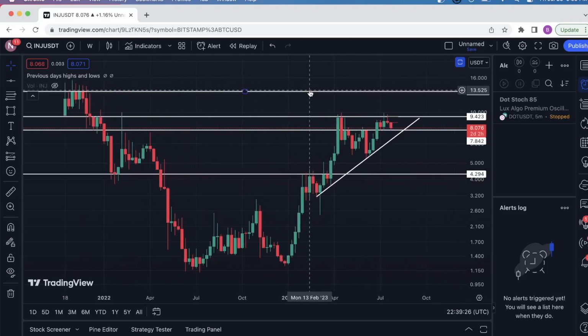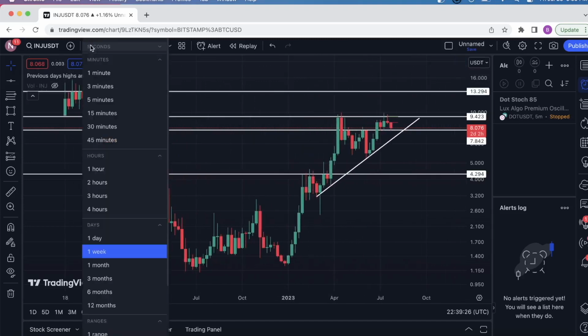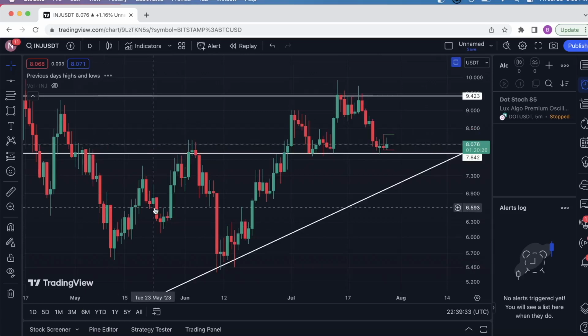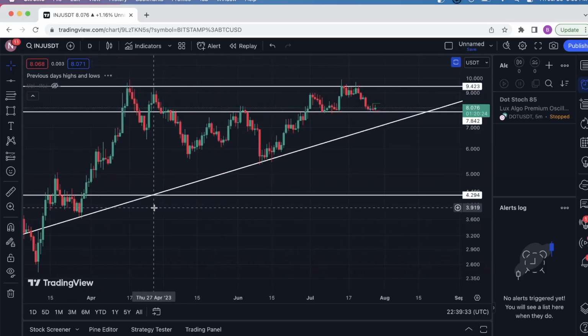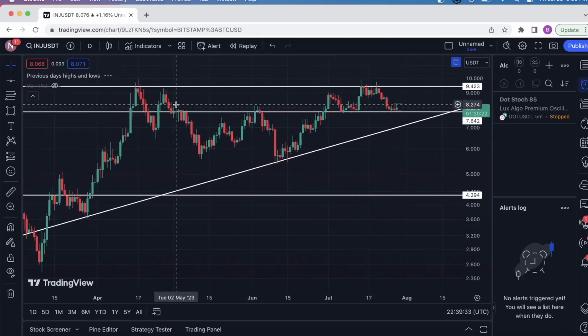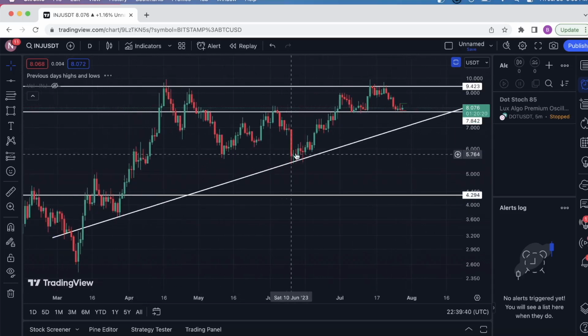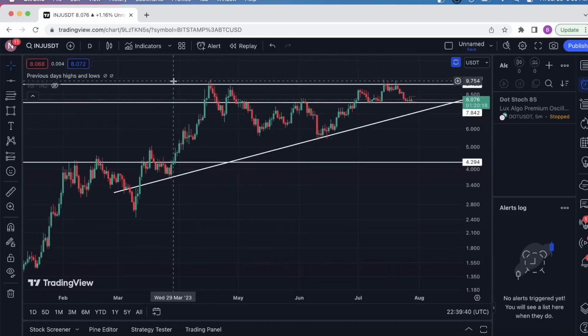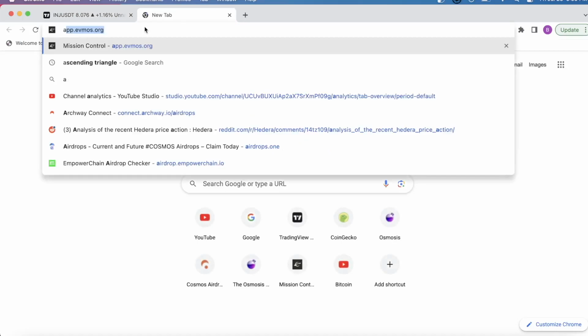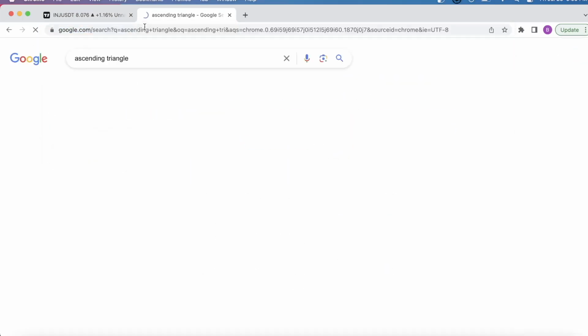Okay, so what I'm seeing here, I'm going to switch to a smaller time frame. Let's take a look at the daily. And as you can see here, basically what we're forming here is called an ascending triangle, right? So here, I'll show you in Google. Ascending triangle.